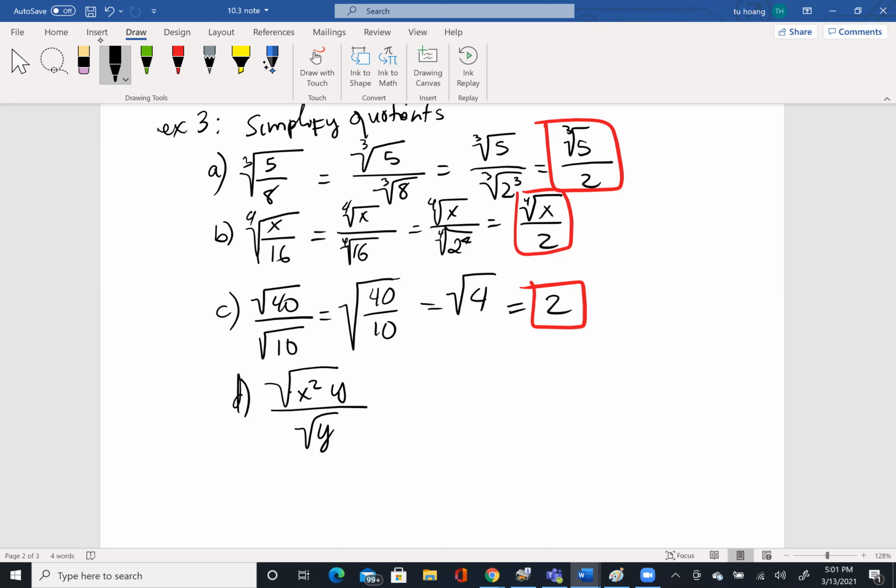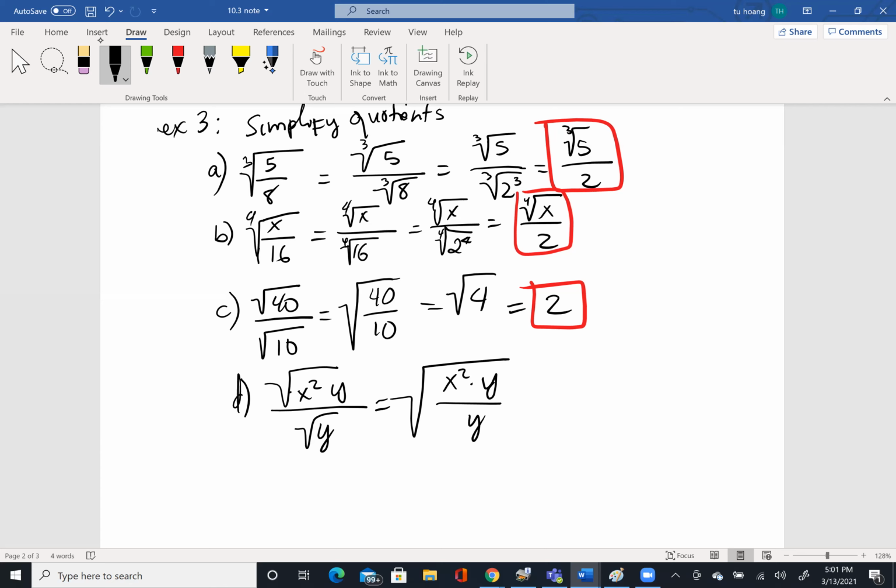So in this column, I see that the top and bottom have y. The bottom has square root of y, and the top also has square root of x squared y. So I would like to just combine the square roots because I have the same index. So I have square root of x squared times y over y.